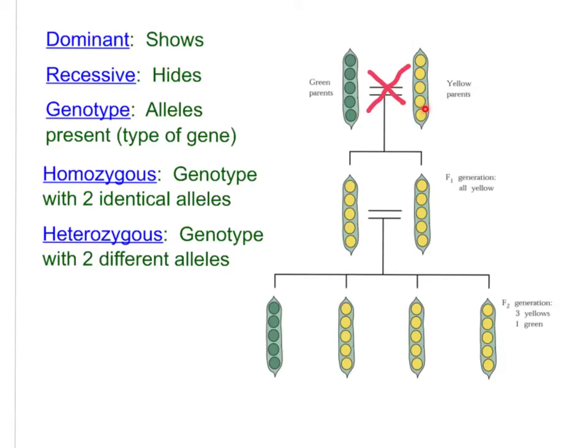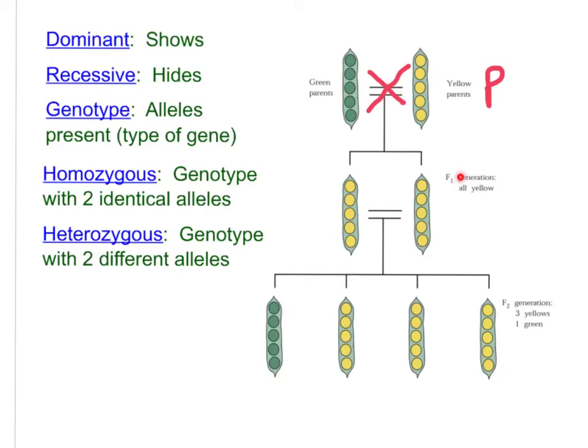A lot of times we call this the P generation, for parental generation. Now, these are true breeding here. When they cross, when they mate, we have one allele coming from this parent and one allele coming from this parent. And look, our offspring in this F1 generation are all yellow.